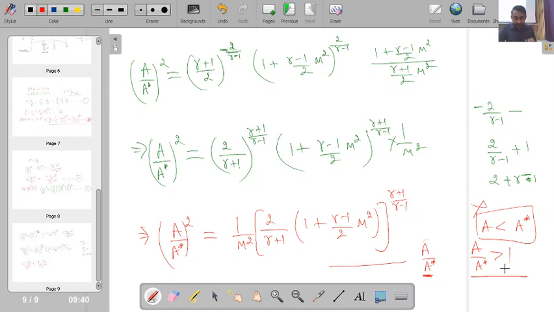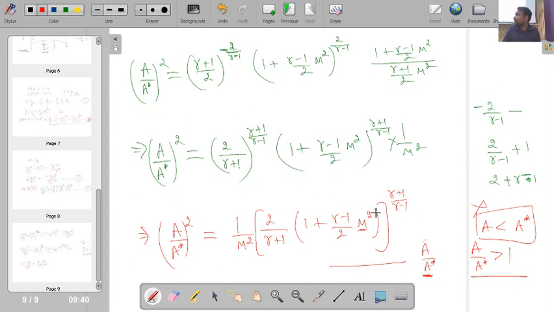Another important point is that for a calorically perfect gas, the value of gamma is known. So the only unknown over here is the Mach number. It means at any arbitrary location, if I calculate the ratio of A by A star, then by just knowing that particular ratio, I can define the value of the Mach number. Is this one clear?